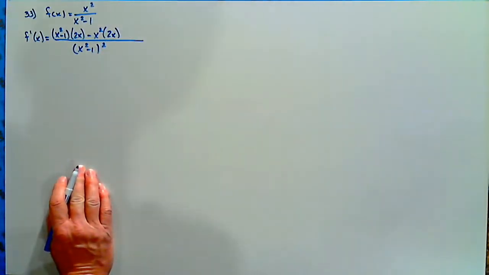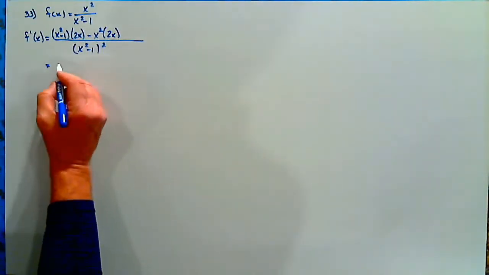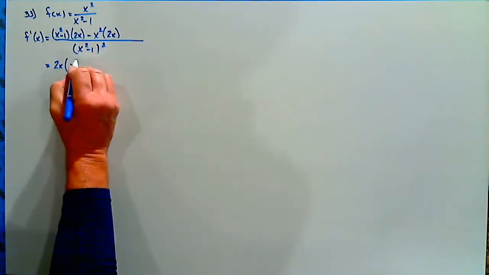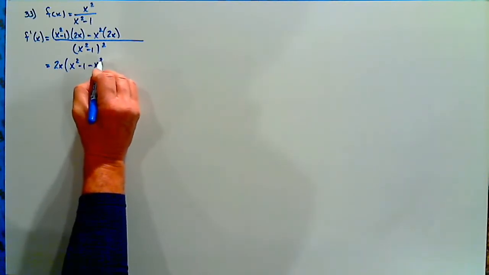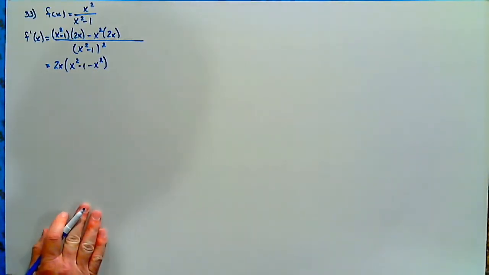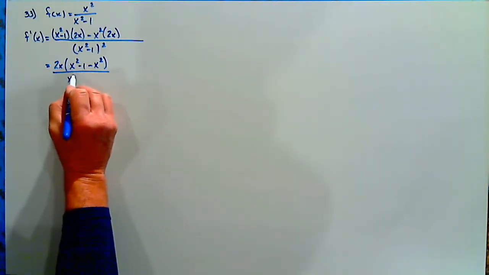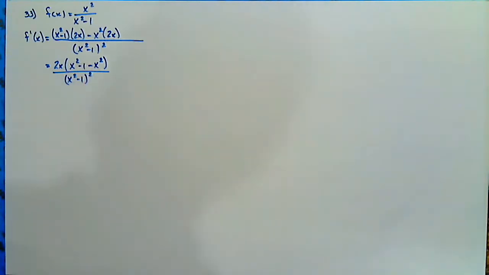Now, if we factor this out, what do we get? Well, we can take a 2x out of both of these, and we get 2x times, here we have x squared minus 1. Here we have minus x squared. So that worked out very nice. And on the bottom, we have x squared minus 1 squared.